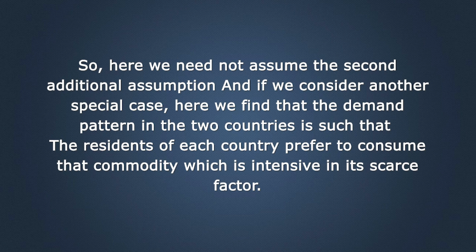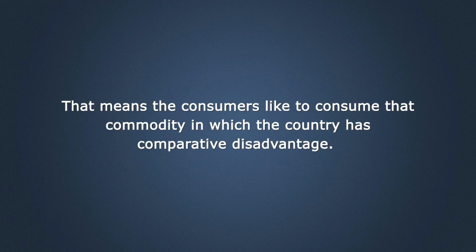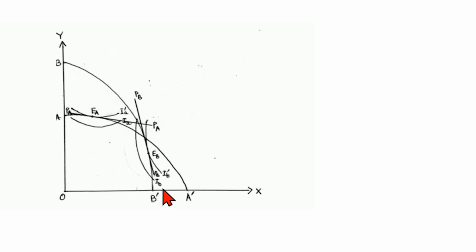And if we consider another special case, here the demand pattern in the two countries is such that the residents of each country prefer to consume the commodity which is intensive in its scarce factor. That means the consumers like to consume the commodity in which the country has comparative disadvantage. Look at figure 4.